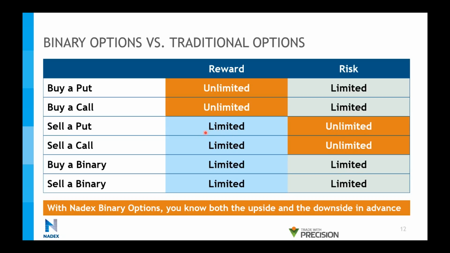If everything goes according to plan, we can keep the premium that the buyer of this option has paid us. Our risk, however, becomes pretty much unlimited. Now we have to buy this. If we sold the put, we have to buy at the strike price, even if the market went to 0.